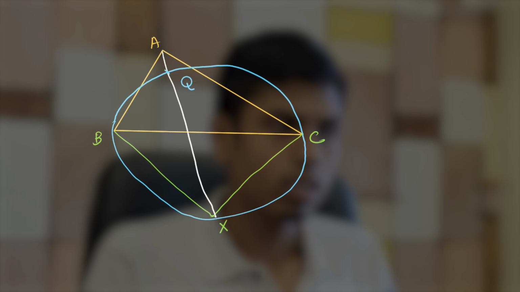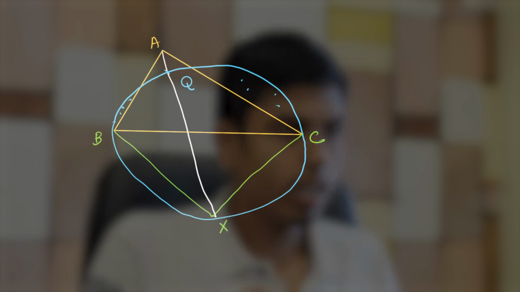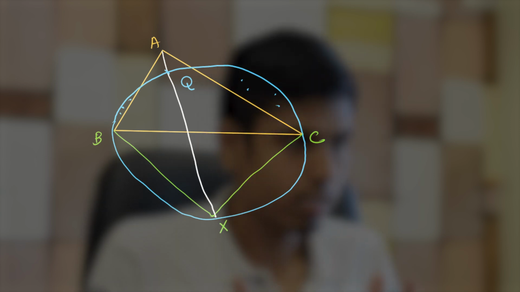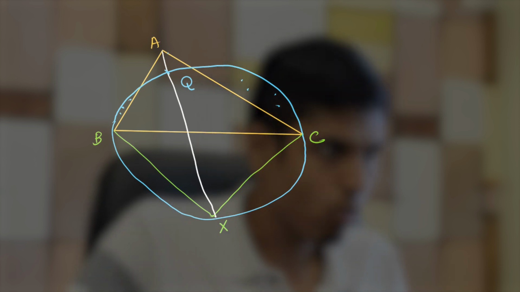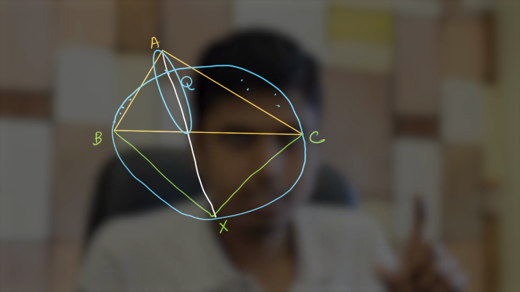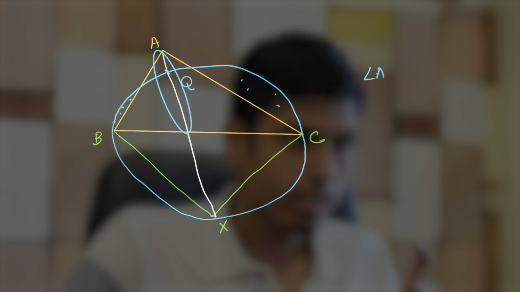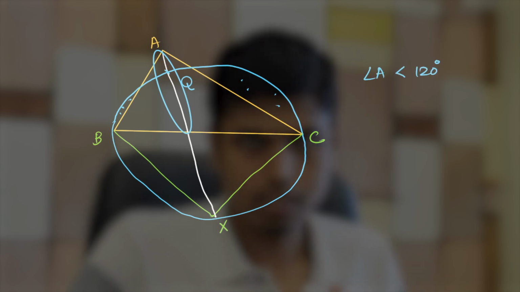Alright. Now why should Q lie inside the triangle? Why can't it lie outside the triangle like here? It is due to the fact that the part of AX which is above the side BC is entirely inside the triangle. And remember that angle A is less than 120 degrees as it is acute.